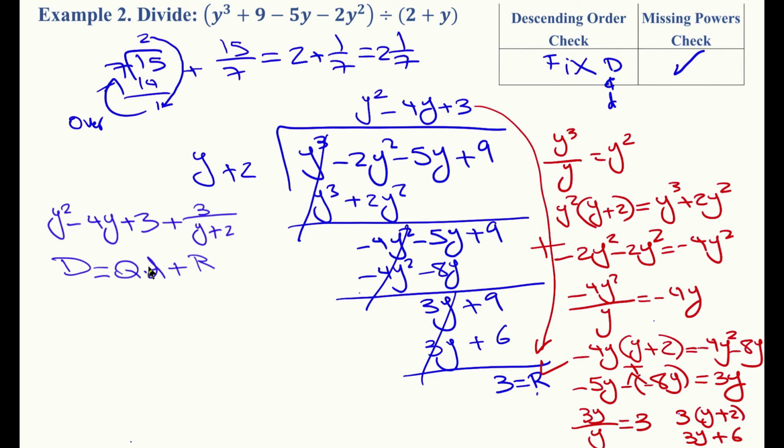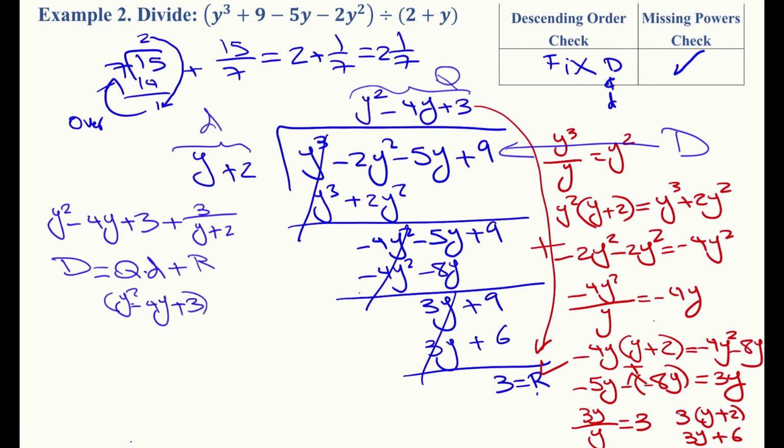So let's go ahead and multiply Q and D. So remember, this is Q, and this is lowercase d, and of course this here is the dividend. So we want to know if the quantity y squared minus 4y plus 3 times the quantity y plus 2 plus r, or 3, is going to end up giving us the dividend. If it does, we've done it correctly.